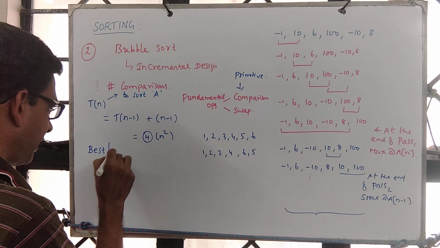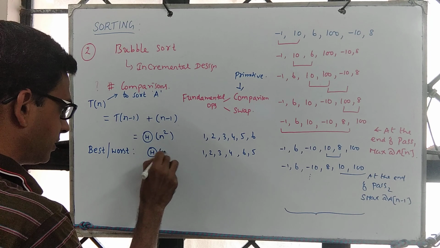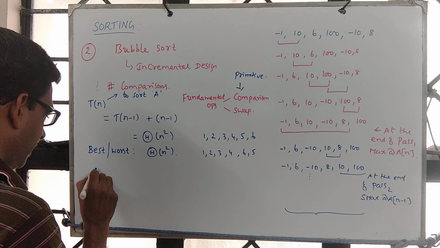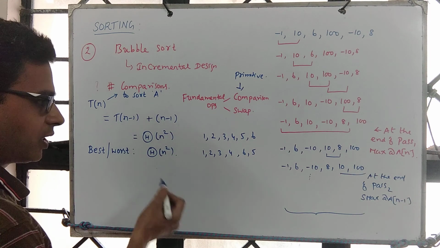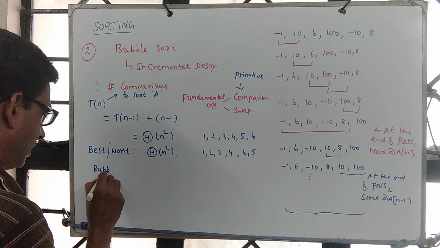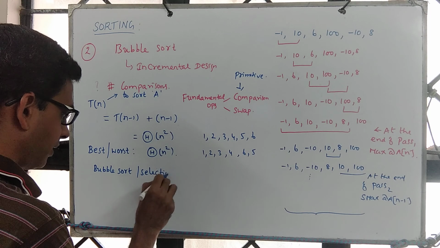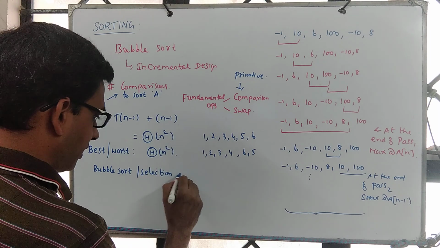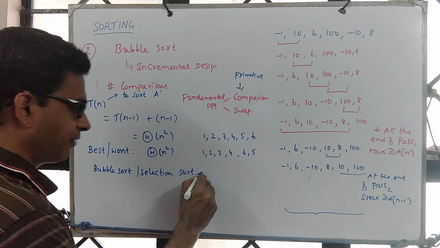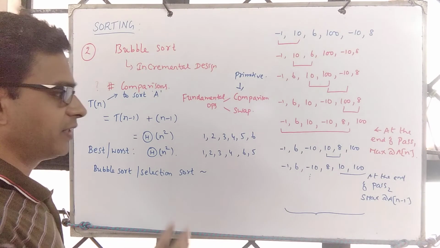So for both best case and worst case, bubble sort incurs theta of n square, which means the efficiency, the speed, if you look at it, of both bubble sort and selection sort, they behave identically for a given input.